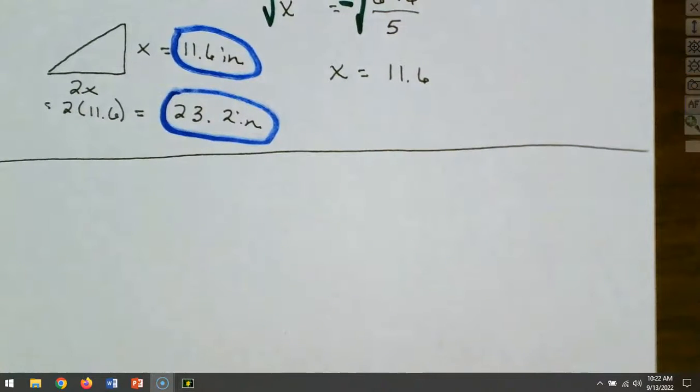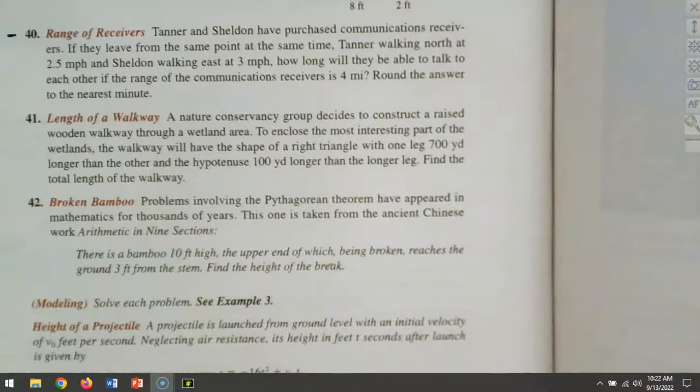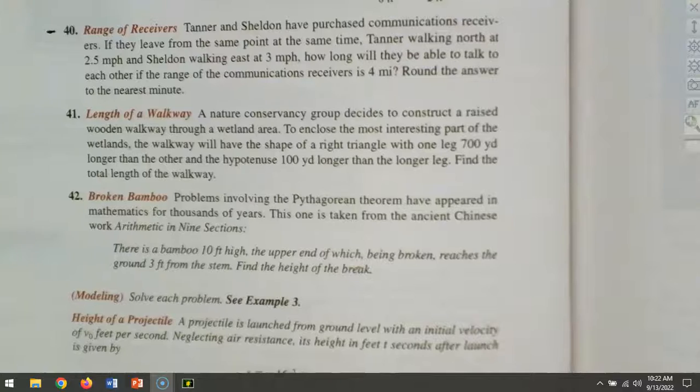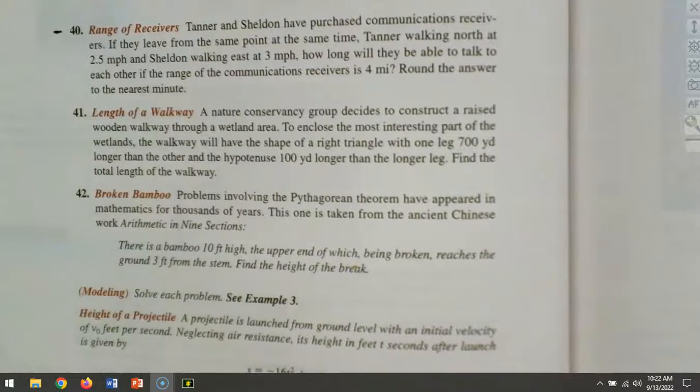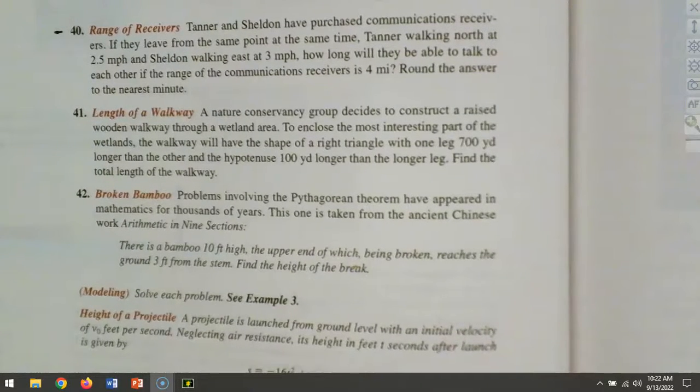Okay, let's look at another one here. Let's look at question number 40. So question 40. And this is very similar to one of the questions from your homework. Almost identical, just different numbers.